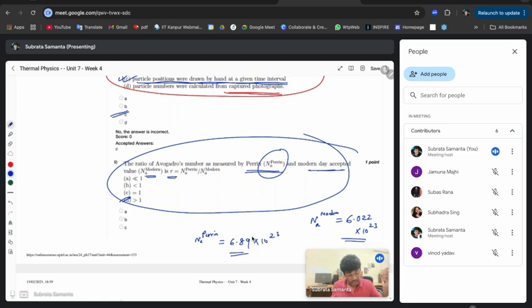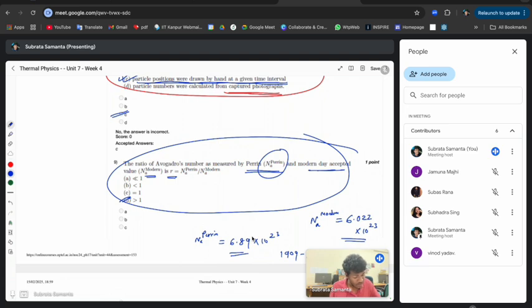Perrin measured this from about 1909 to 1915. In 1926 he got a Nobel Prize.